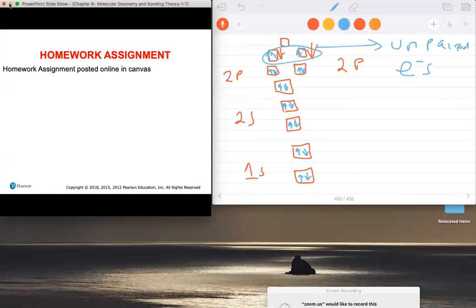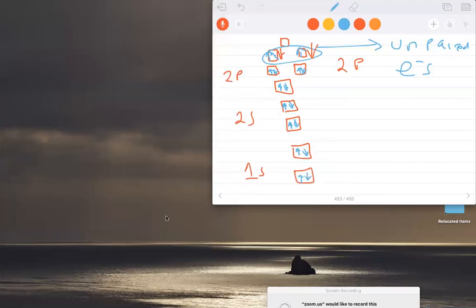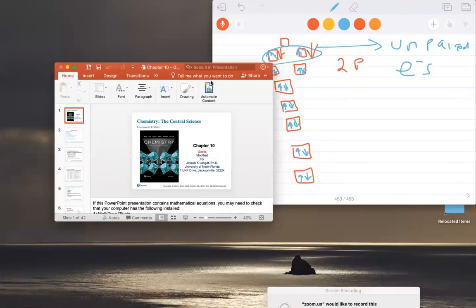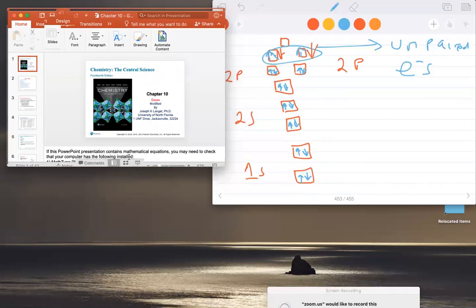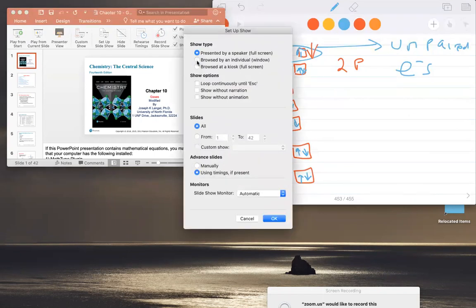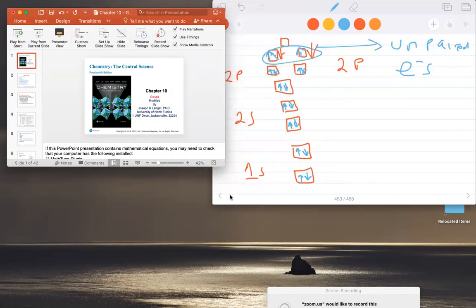With that, that marks the end of chapter 9. I want to shift gears to chapter 10. If there is no question on 9, I'll shift gears to 10. And this is a straightforward chapter, something you covered in Introduction to Chemistry.